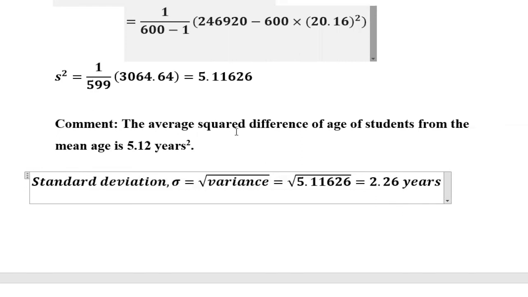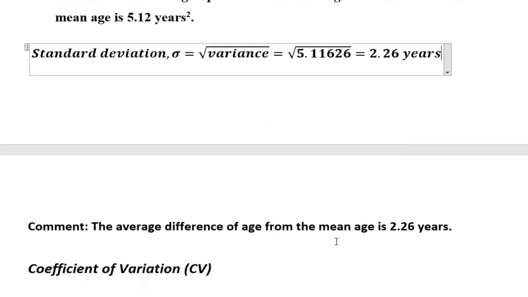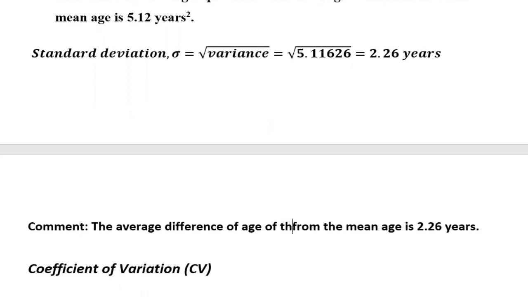What is the comment? Just remove the square difference. The average difference of age of the students from the mean age. It is better to put all the information in the comment. Whose age? It is given as the student age, so you have to put the age of the student. If it is given as a person's age, you have to put the age of the person.